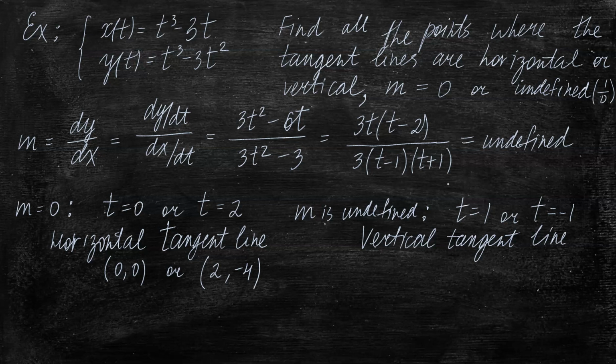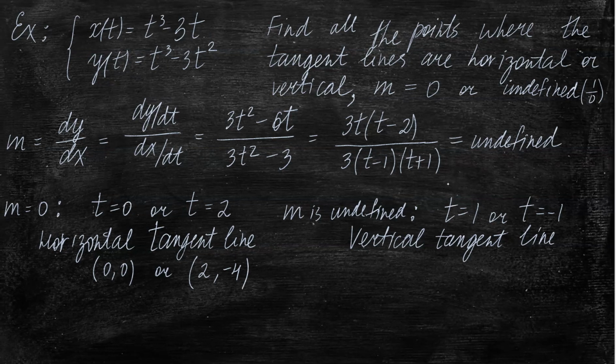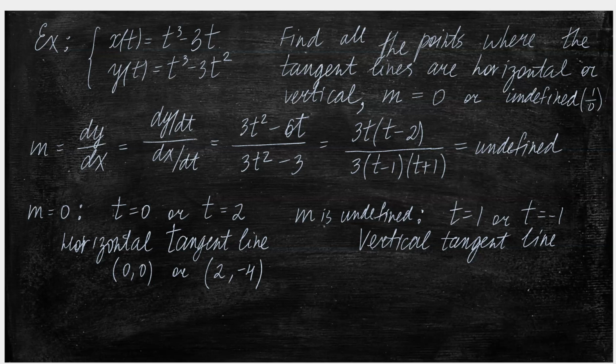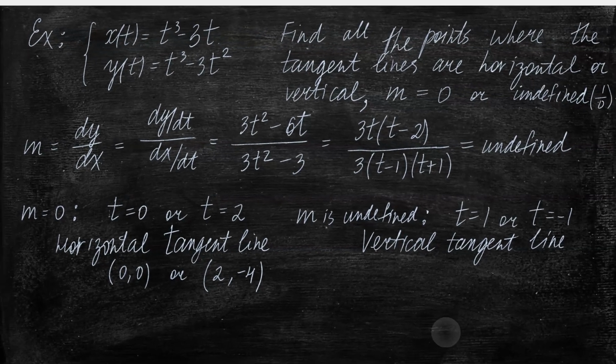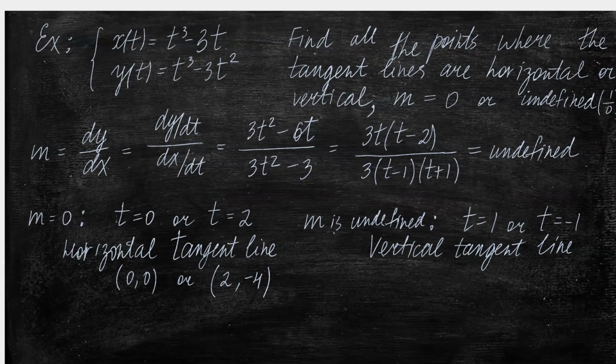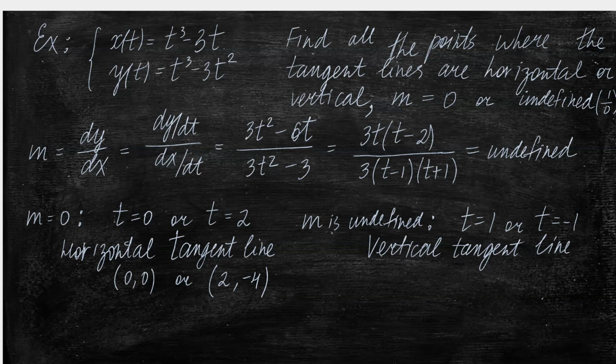And now we do the same thing with 1 and -1. So when we plug in 1, we get 1 minus 3 is -2.